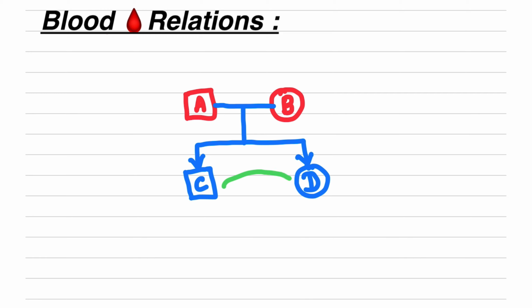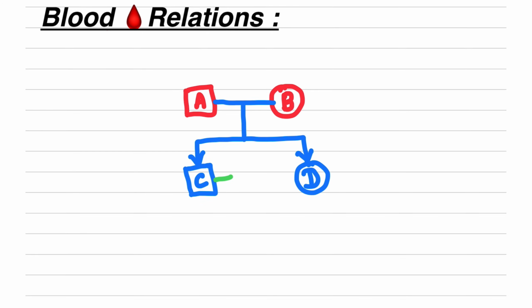So C is brother to D and D is sister to C. Both C and D are siblings. They are called as siblings. So A is father, B is mother, C is son and D is daughter.